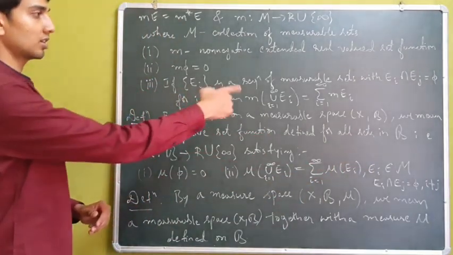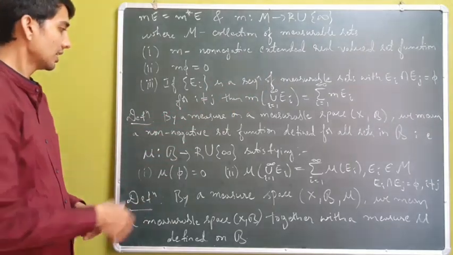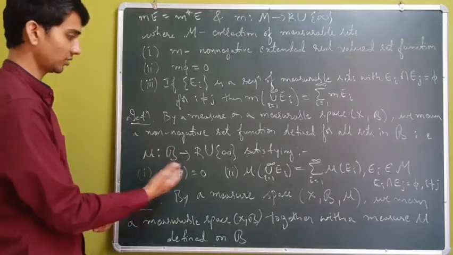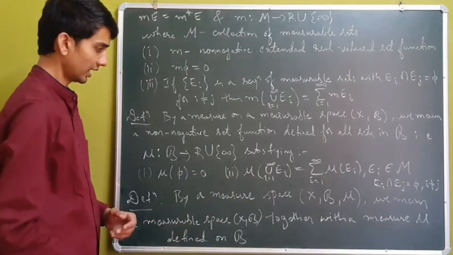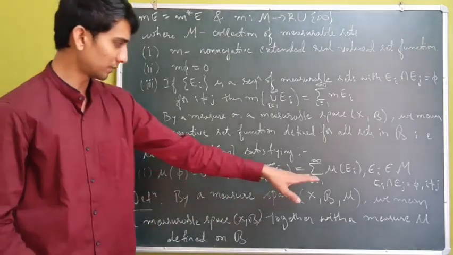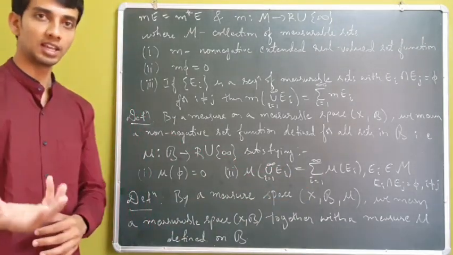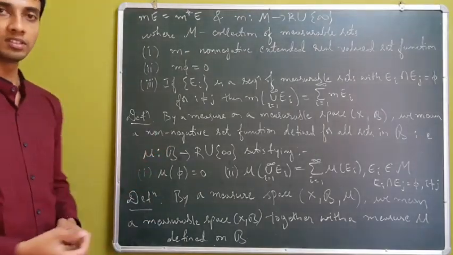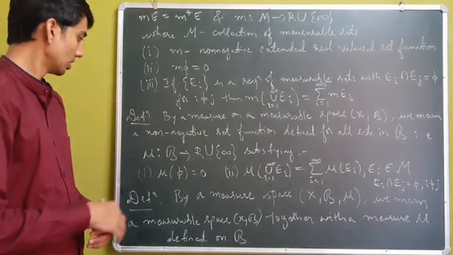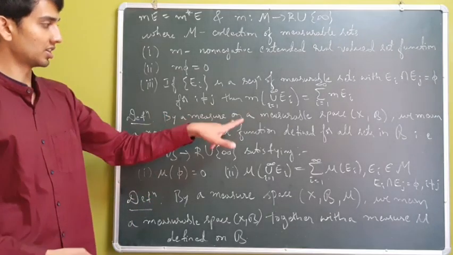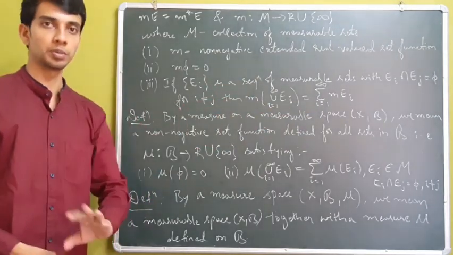The second property is often referred to as countably additive, and also mu is finitely additive. So this is what we mean by a measure on a measurable space.